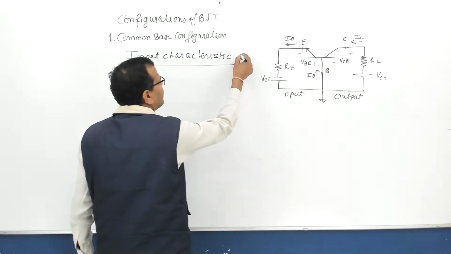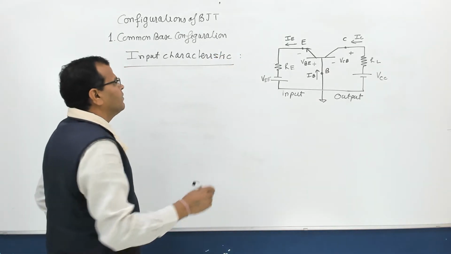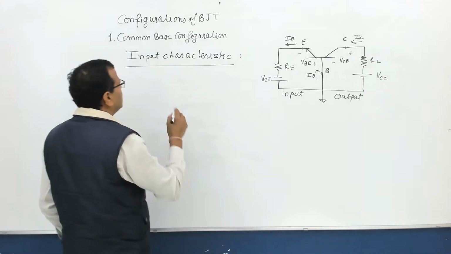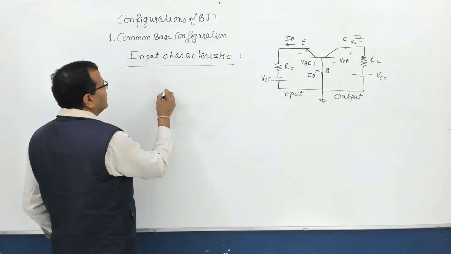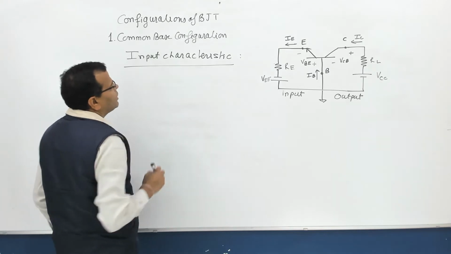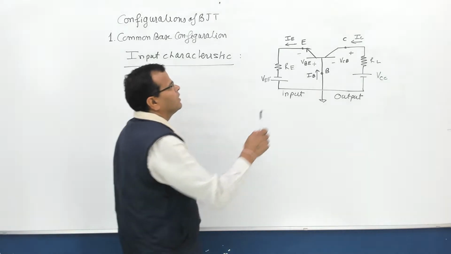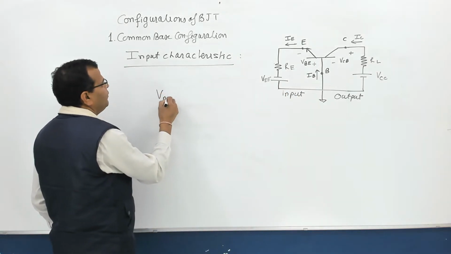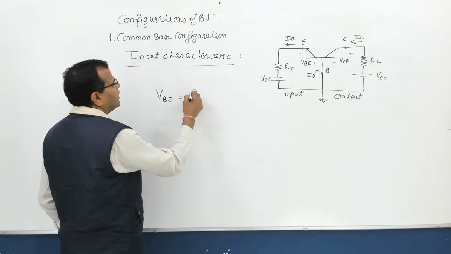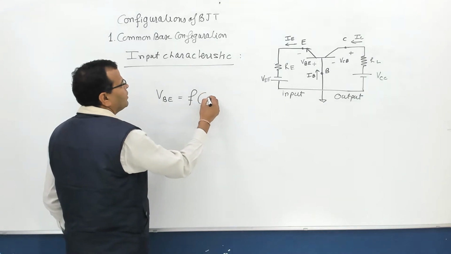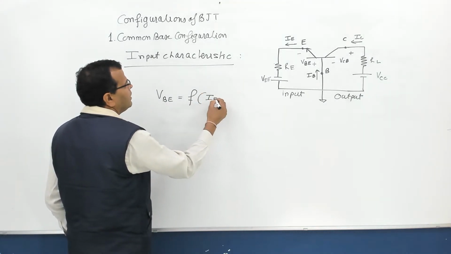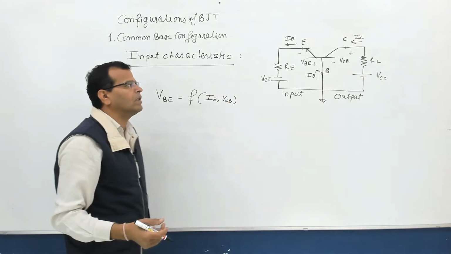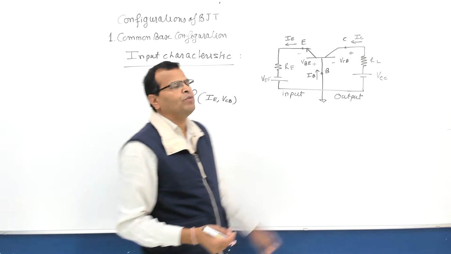The input characteristic of common base configuration is defined by the voltage VBE, which is a function of the input current IE and the collector junction voltage VCB.